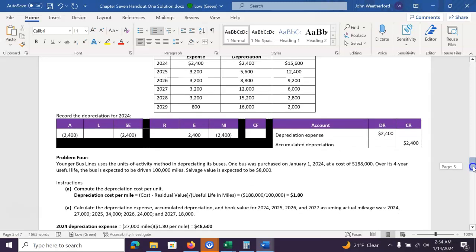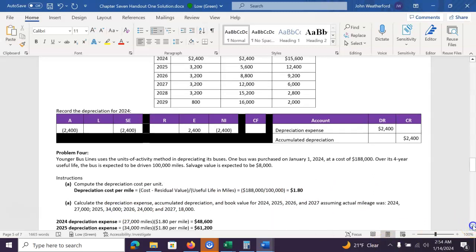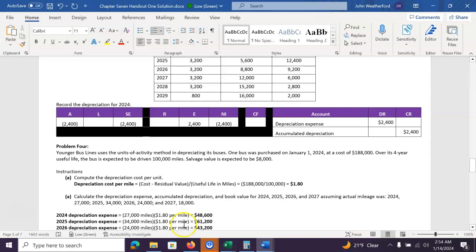So for 2024, it comes out to 48,600. Again, we'll multiply the rate times mileage in 2025 and 2026, and we get a depreciation expense for each year.